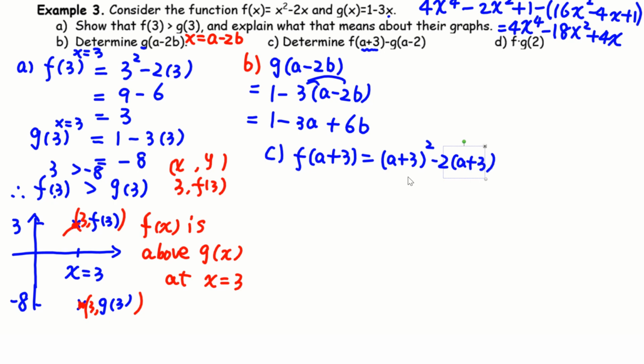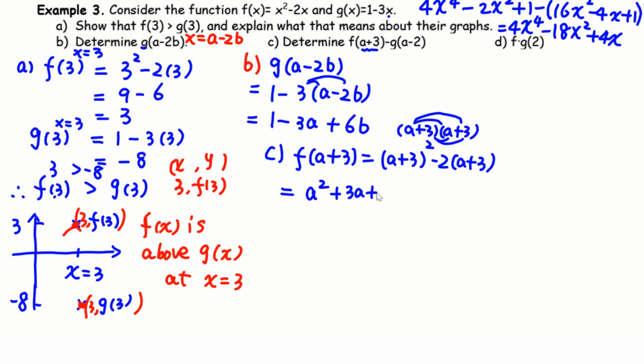Then we do the expanding. So a plus 3 times a plus 3. Squared means times it. Same thing out. Then a times a squared. a times 3 is 3a. Then second term times each term in the second bracket.